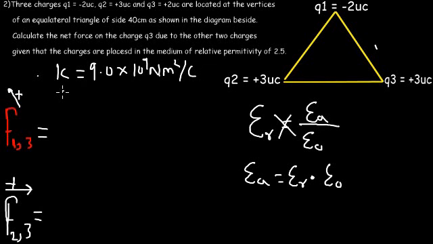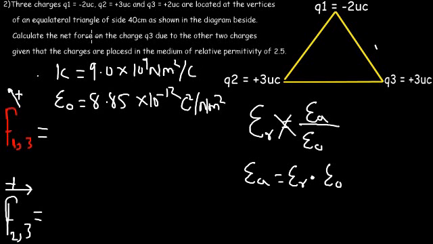Epsilon sub o is a constant value that is about 8.85 times 10 to the power of negative 12 Coulomb squared per Newton meter squared. And that is the value of epsilon sub o. Now, let's begin the substitution, which implies that epsilon sub a will equal 2.5, as given as epsilon sub r, the relative permittivity of the medium, multiplied by 8.85 times 10 to the power of negative 12.